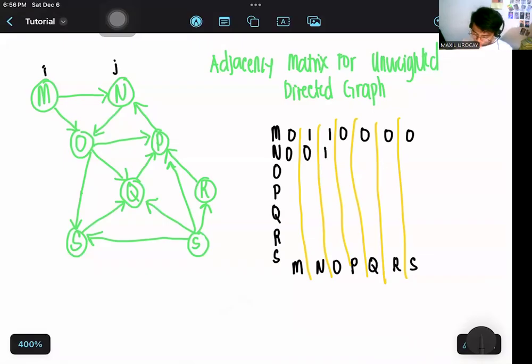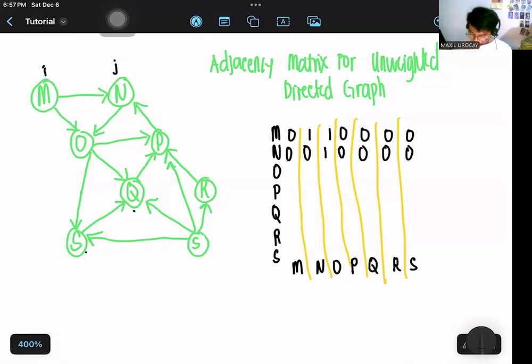Then N to P is not adjacent because the arrow is coming from P to N. So it's not out-order, that is actually dealing with in-order. Now N to Q is still 0, R is 0, and S is 0.